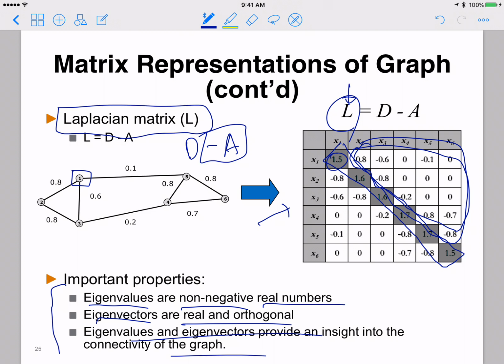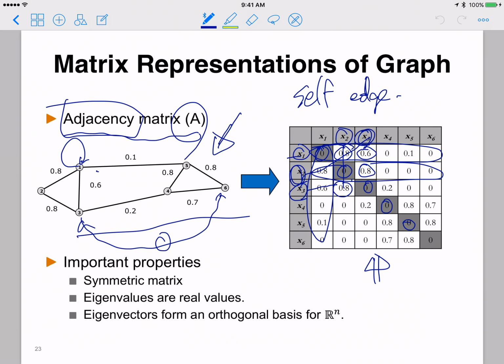Suppose we have this kind of directed edges. Maybe a citation network may have this paper citing this paper, but this paper cannot cite this paper. So in this case, we can consider this kind of directed graph and its adjacency matrix. So this is a Laplacian.